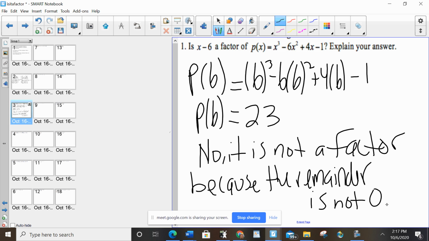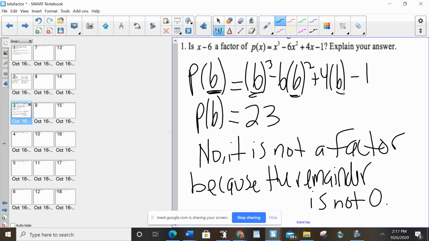So it's either going to be yes, it's a factor because the remainder is 0, or no, it's not a factor because the remainder is not 0. And again, to find the remainder, we use the remainder theorem, which is substituting the opposite of what I'm dividing by into the function.